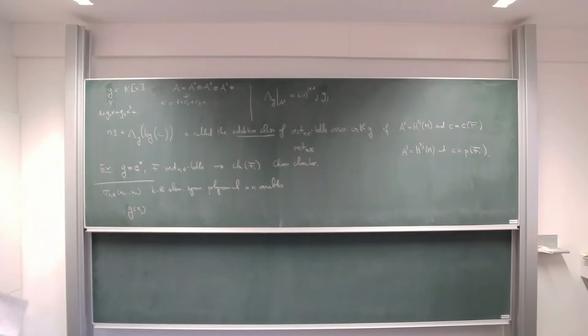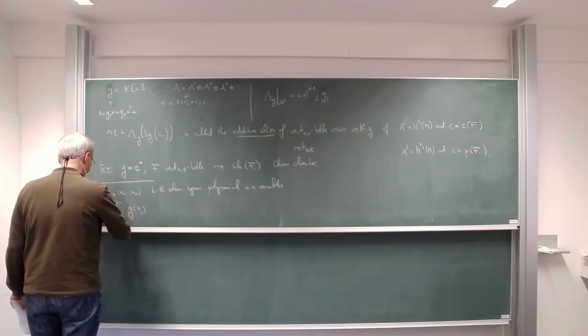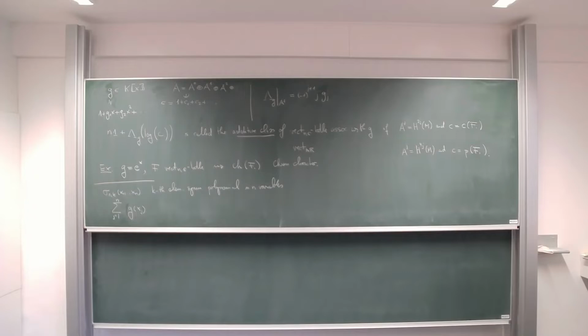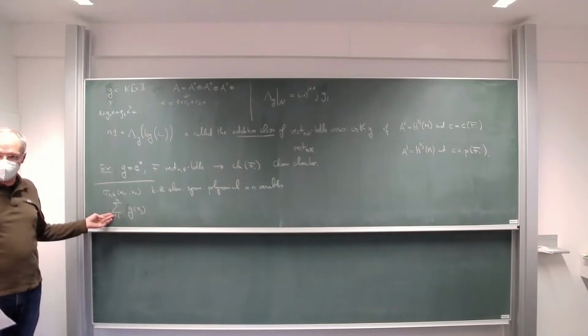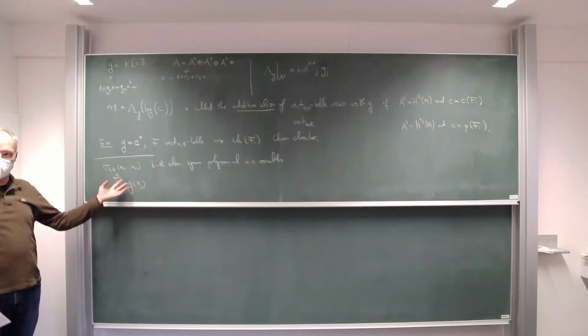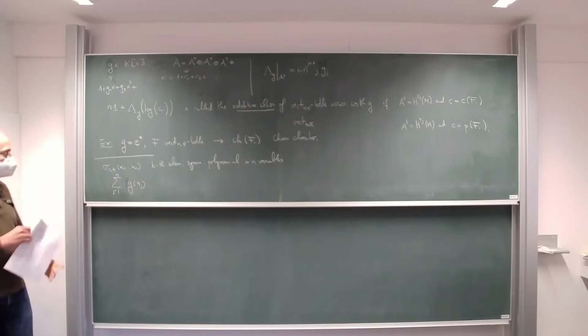Then this is a power series in the variable x_j, and I can add over all variables. Then I get a new power series. This time it's a power series in the variables x1 up to xn. And clearly by construction it's symmetric in all the x_j's. So in particular, each homogeneous part is also symmetric in the x_j's.